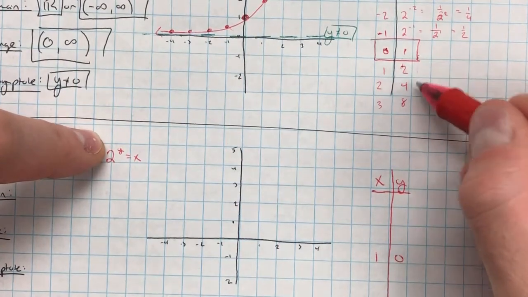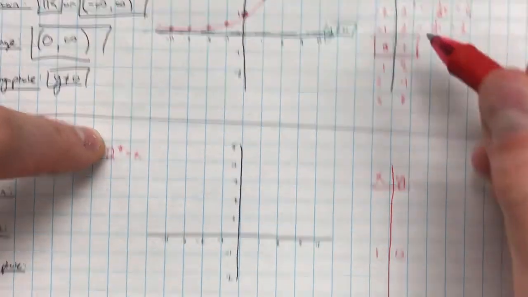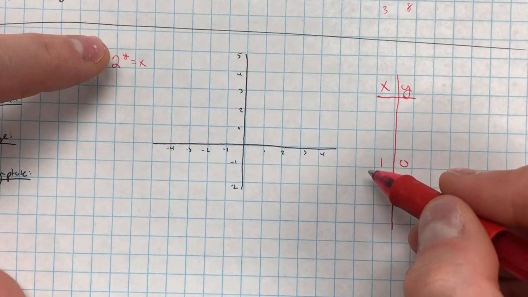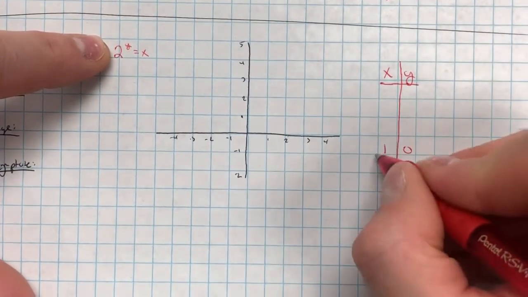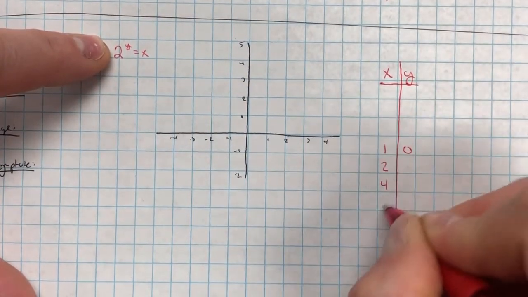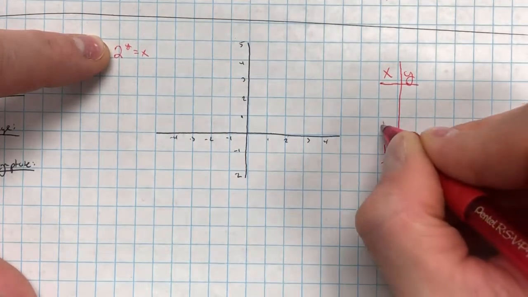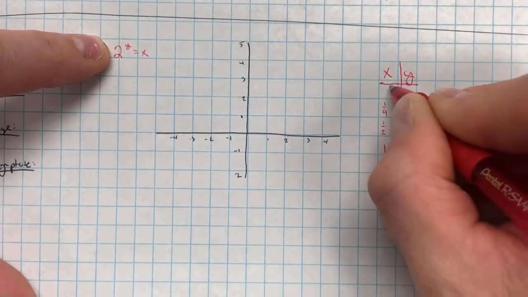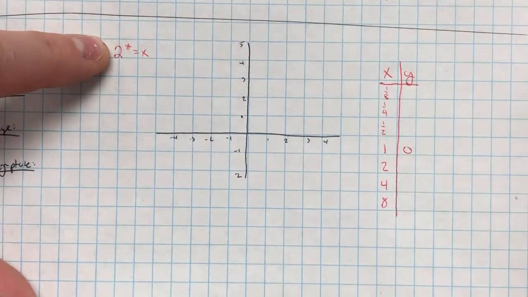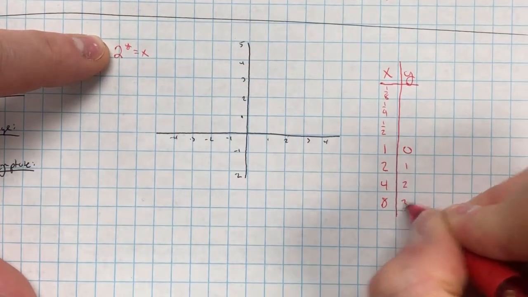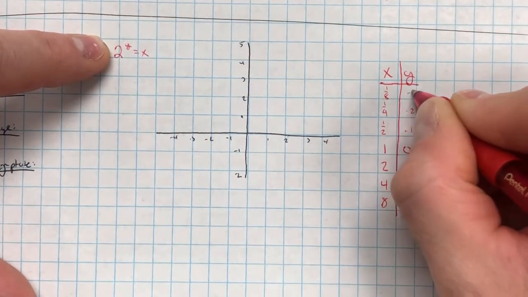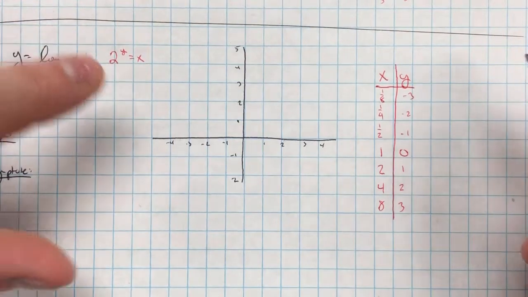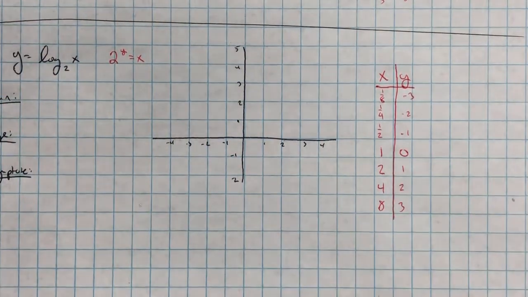This doubled, doubled, doubled, halved, halved, halved. For my x's, moving up, it's going to double, double, double, halved, halved, halved. 1, 2, 3, -1, -2, -3. Perfect. Again, it's the same type of relationship, just swapped.